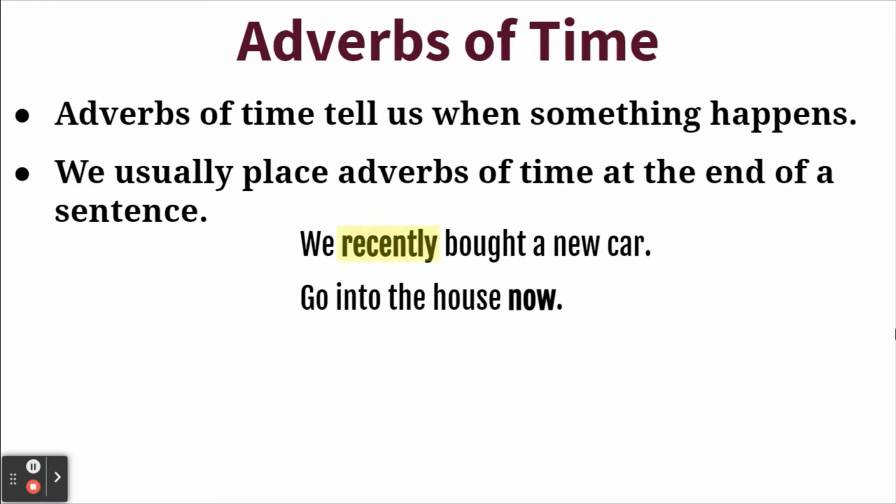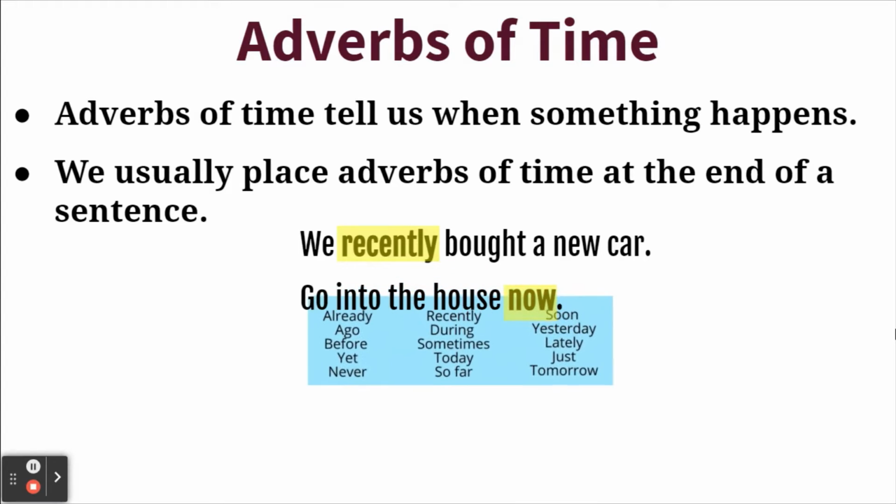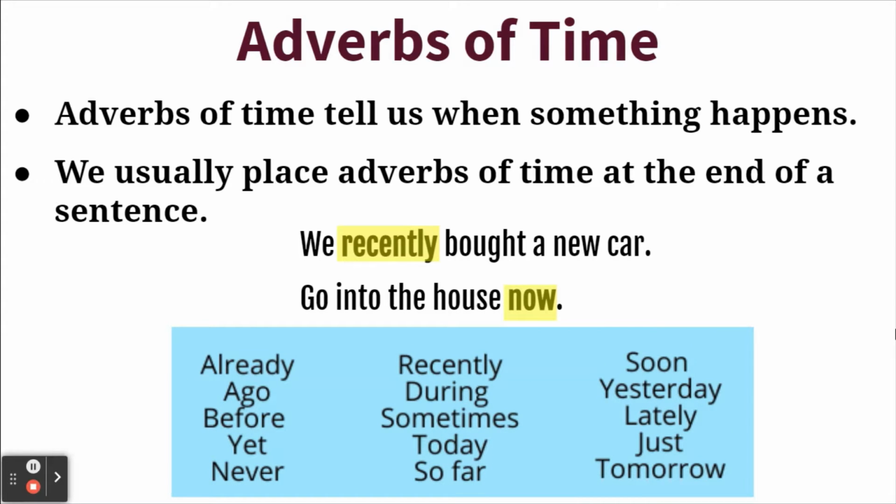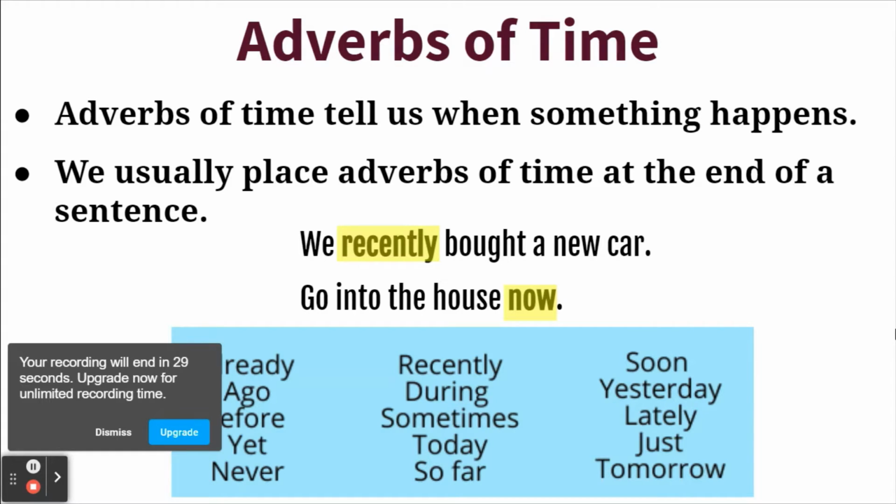We usually place adverbs of time at the end of a sentence. However, it is not necessarily so. Look at my first example right here. We recently bought a car. Recently is an adverb of time. It's telling me when I did that, right?